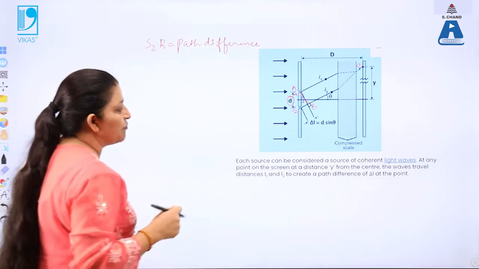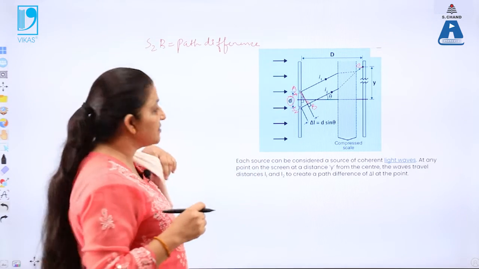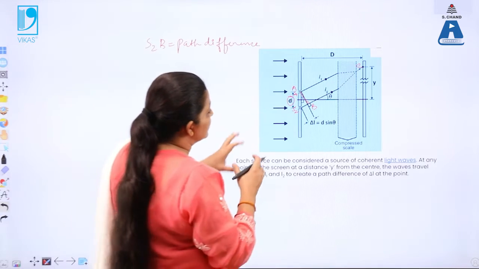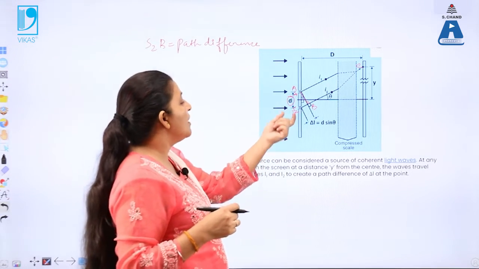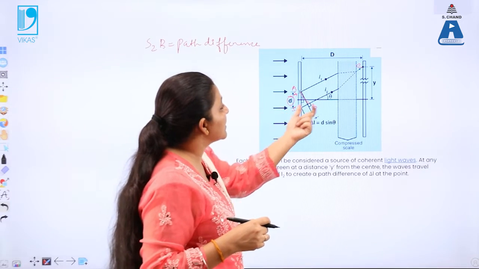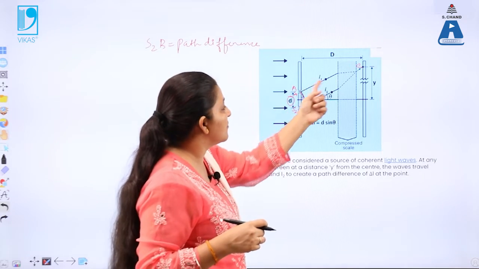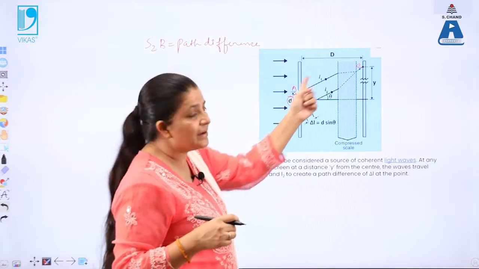Now what is the meaning of path difference over here? Path difference means the waves which are originating from the slit S2 have traveled extra distance compared to the waves which are originating from the slit S1.